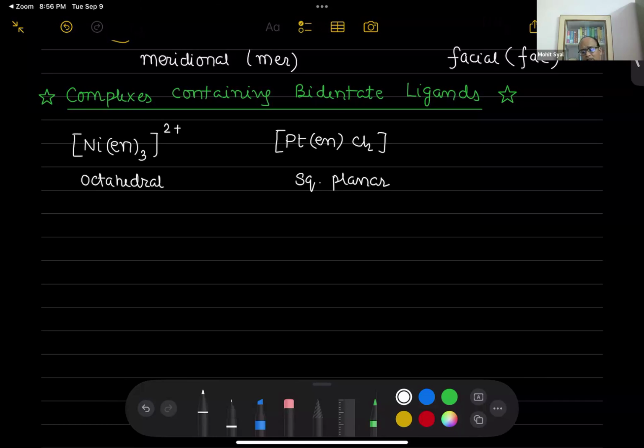So first tell me how many geometrical isomers will be possible for this one. You have one en, which is a bidentate ligand, and Aisha, you have two monodentate ligands.